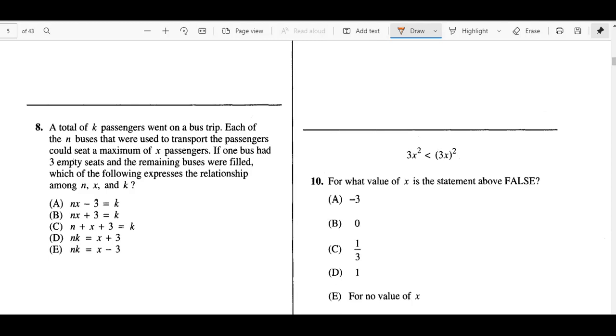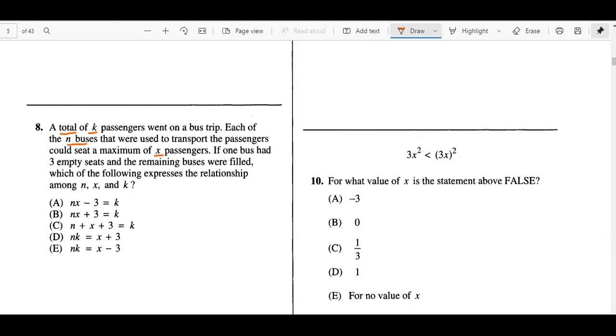All right, so the question says a total of k passengers went on a bus trip. So total was k. Each of the n buses that were used to transport the passengers could seat a maximum of x passengers.